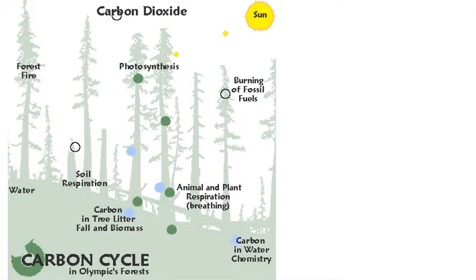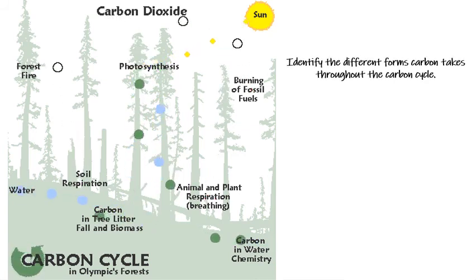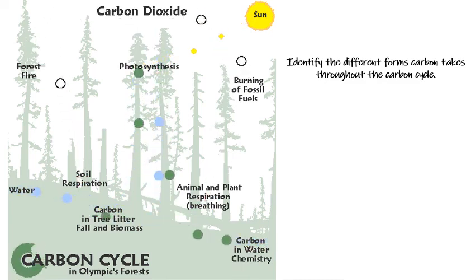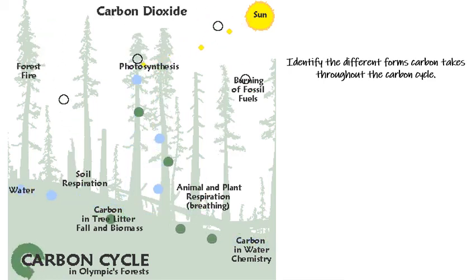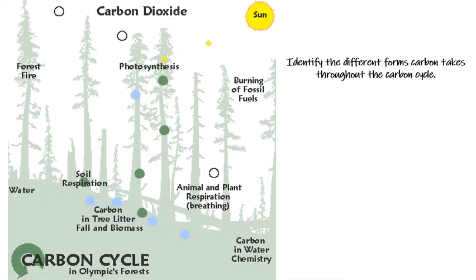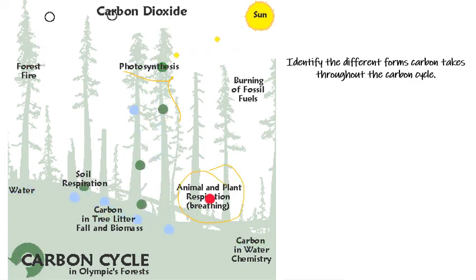So we're done. This is the end of our lesson. I'm not going to repeat, but I want you to know that you have to identify the different forms that carbon takes in the carbon cycle. The carbon dioxide is taken by the plants for photosynthesis. By photosynthesis, plants release oxygen. Animals and plants breathe, and they release again carbon dioxide into the air.